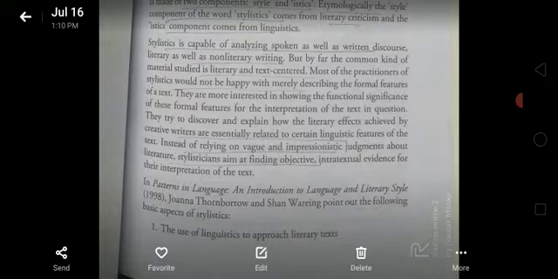Stylisticians aim at finding objective intertextual evidence for their interpretation of the text. This is a very important point of stylistics. They do not want only a vague impression to make a judgment of a particular text or literary genre.